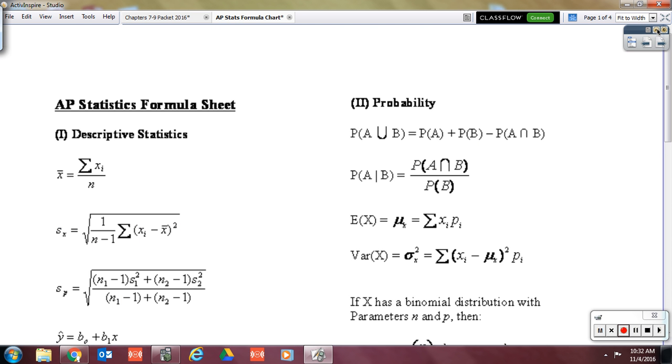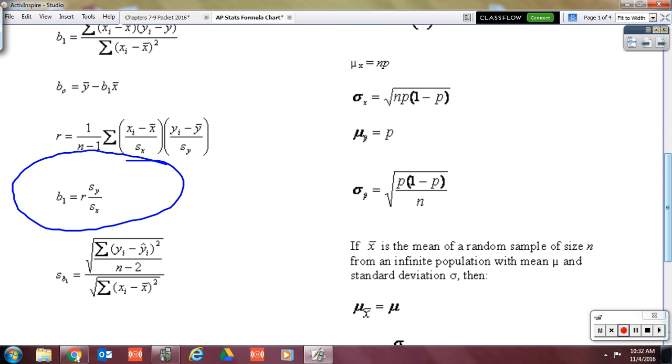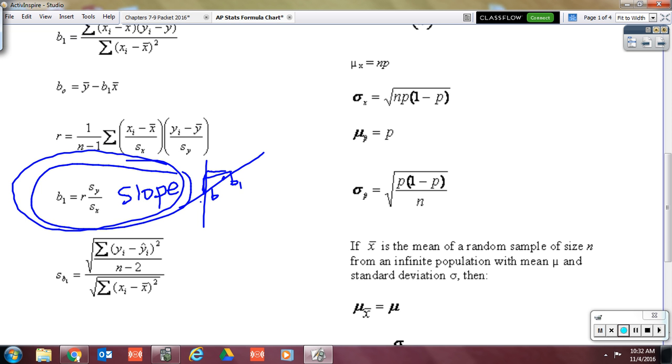It's listed as B1, because the y-intercept is B0, so the next one up they call B1. That creates that particular type of slope. This slope formula is on the formula chart that you can use all the time.